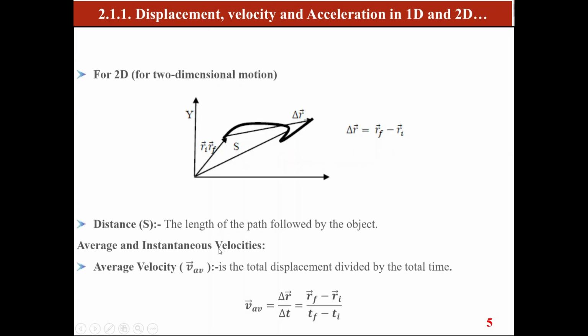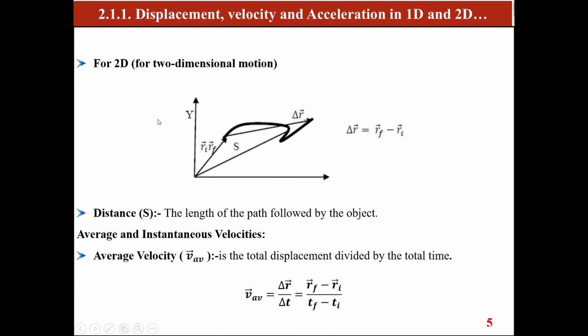Okay, now let's go to an example for two-dimensional motion. Consider this is an x-axis and this one is the y-axis. So the motion has components in x and y, so it's considered to be a two-dimensional motion. This is the path of the motion. It starts from this position and goes to this position, and this position is given by r initial, and this one is given by r final.